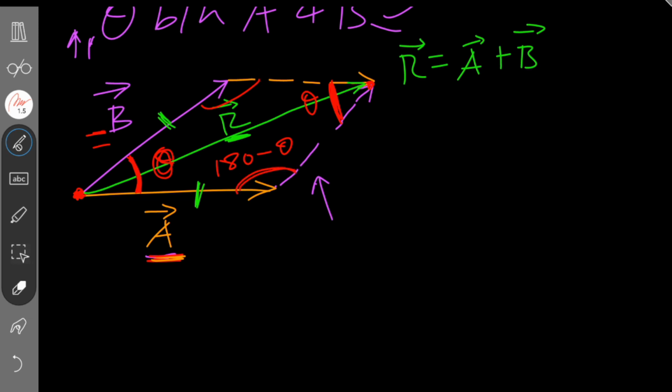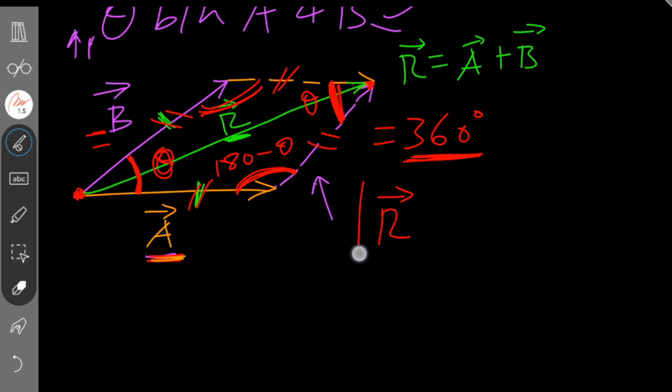The sum of the interior angles of the parallelogram must be 360 degrees. So the remaining two angles become 180 degrees minus theta, and the sum becomes 360. This is a mathematical rule, so I must consider it. The opposite sides are equal.